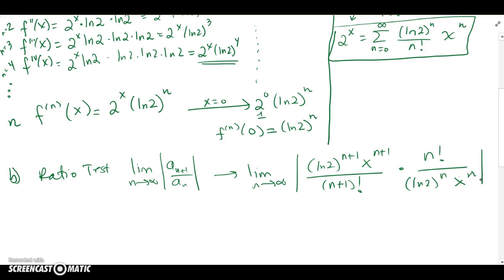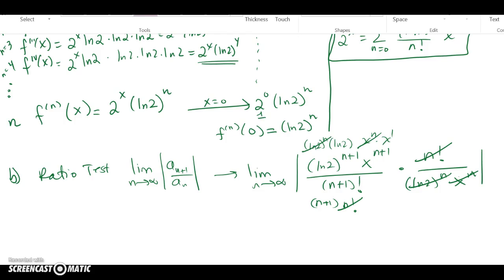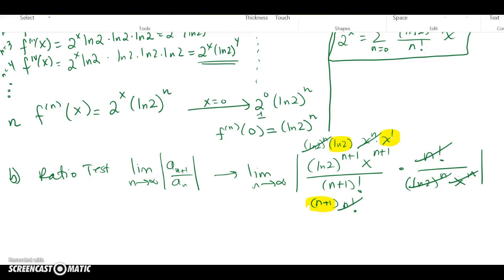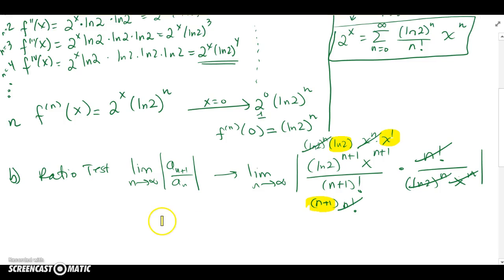So let's do some cancellation. Once I expand this n plus 1 factorial, these guys are gone. Once I open these up with their exponents, ln of 2 to the n is gone, and x to the n is gone. So what I have left over, it looks like, in the numerator are these guys, and in the denominator, this is the only guy left over. So we're going to end up with the limit as n goes to infinity.